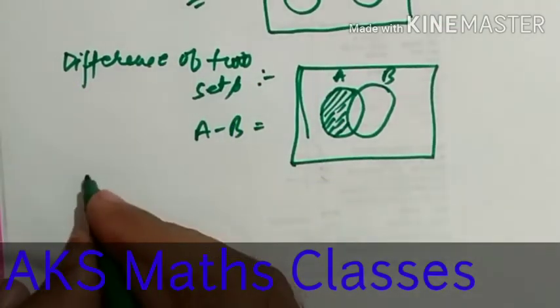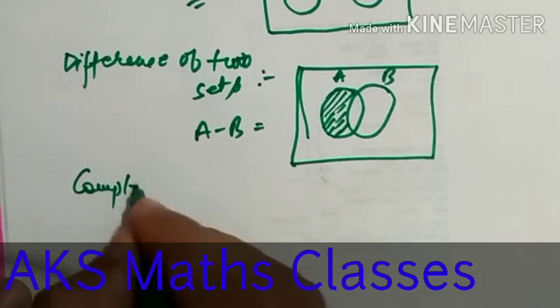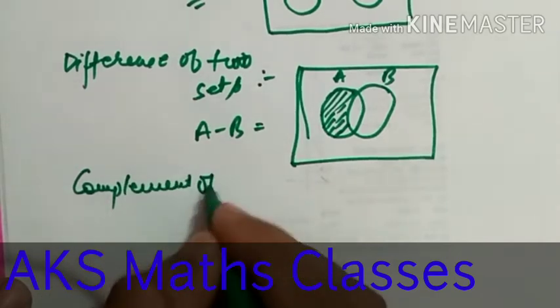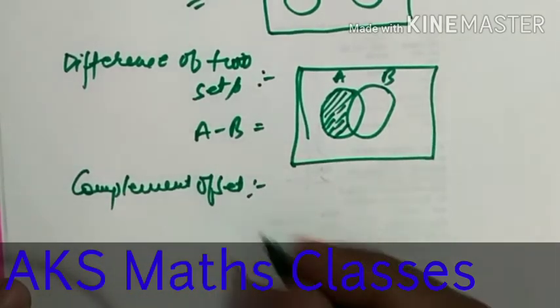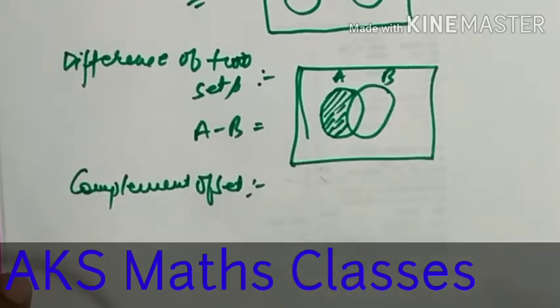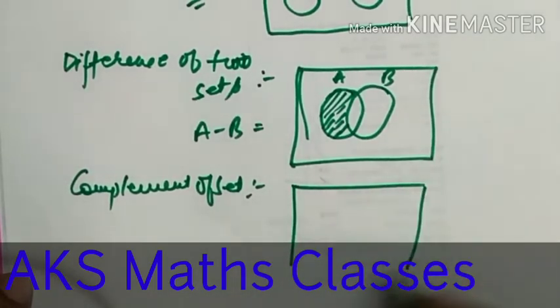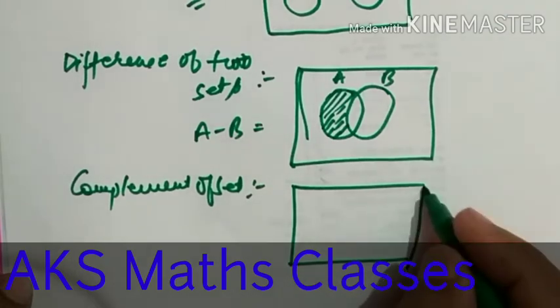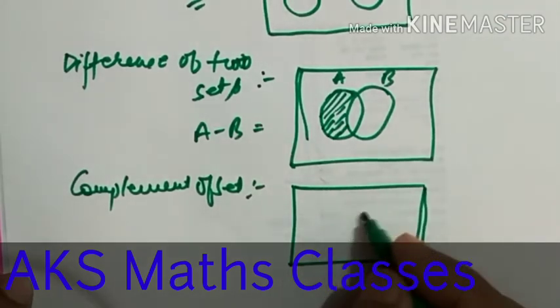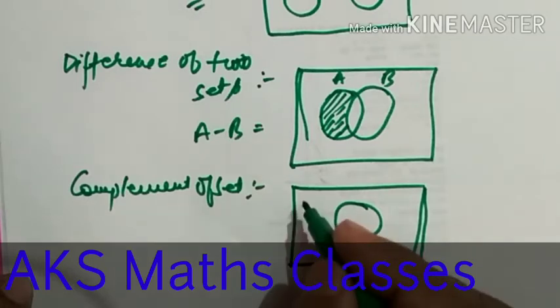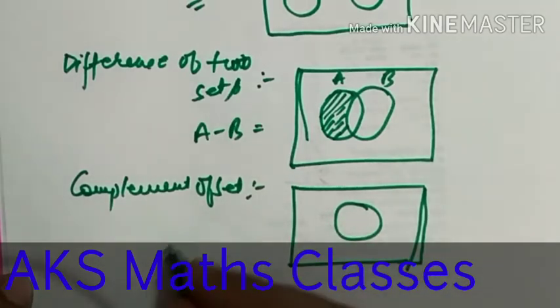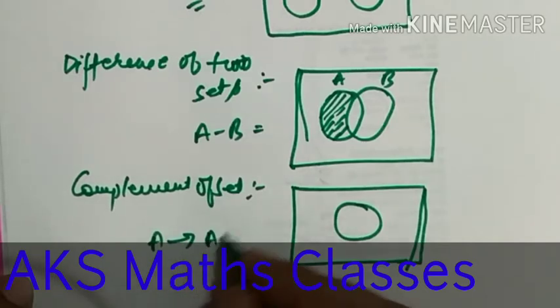One more condition, complement of a set. Now see what the complement of a set is. What do we do? We take a universal set, this one always, yes or no? And now this is the set. In the complement of a set, suppose A is there, so its complement is A^C.